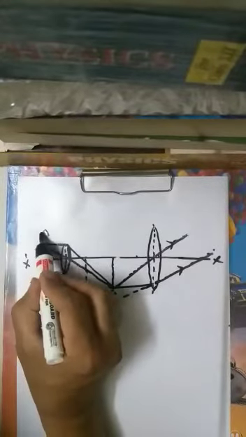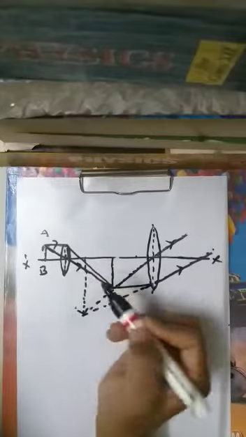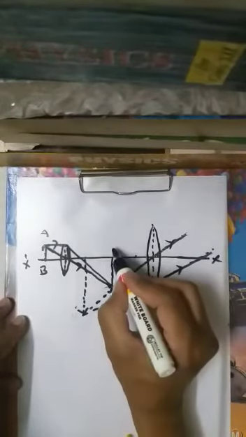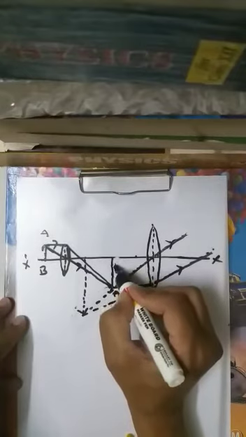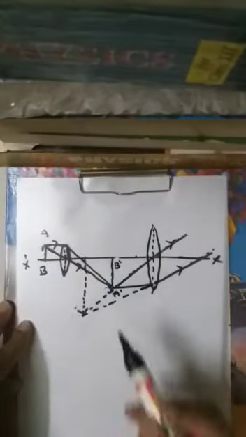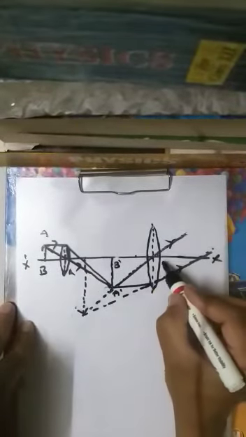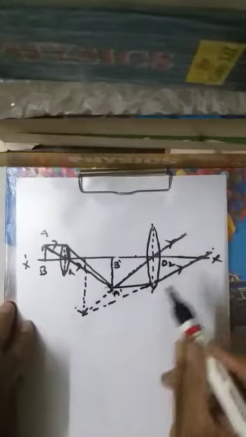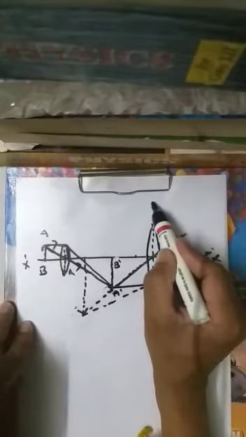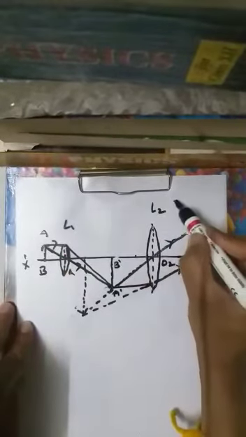This is an object AB whose image A dash B dash is formed. A dash B dash acts as an object for the second lens L2, known as the eye lens.